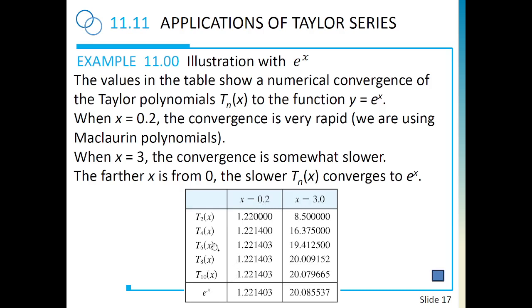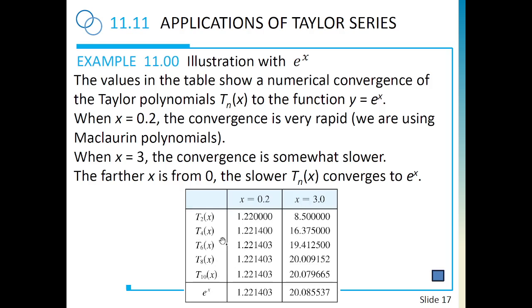And we see that very quickly, at polynomial degree 6, we are already getting a lot of decimal places that are correct. So whenever we are close to the center of the series, the approximation is quite good and quite quick. We don't need to go up in the degree of the polynomials to get a decent approximation. We can use polynomials with quite low degree.